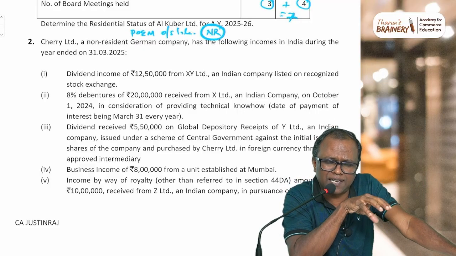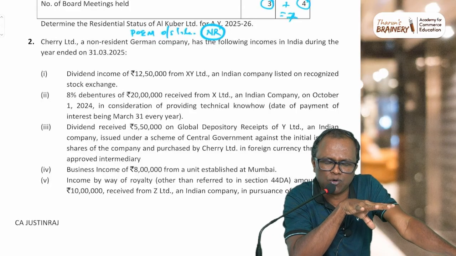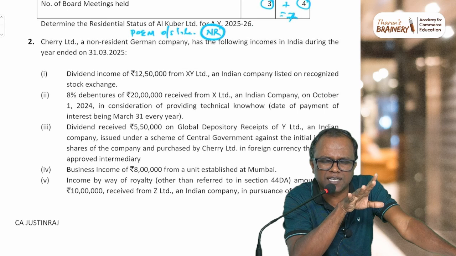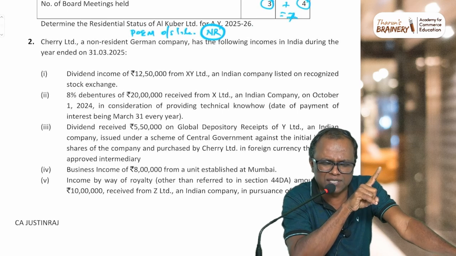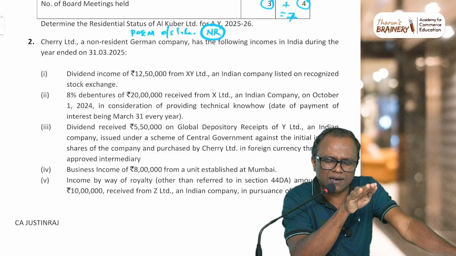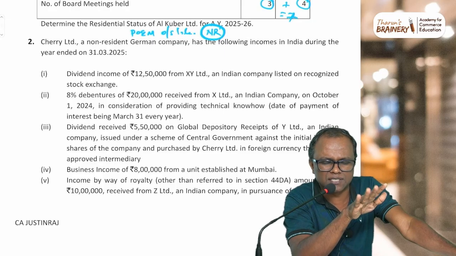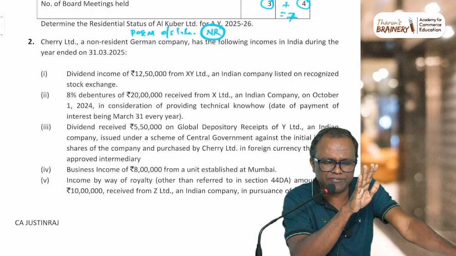Remember, this second relief, that is, when there is no double taxation avoidance agreement, is available only for residents. Non-residents can use only the benefit of the double taxation avoidance agreement. If there is no DTA, they won't get relief through section 91. Section 91, unilateral relief, is created only to give an advantage to residents. So non-residents will get only DTA relief.